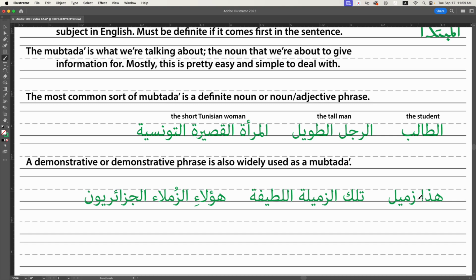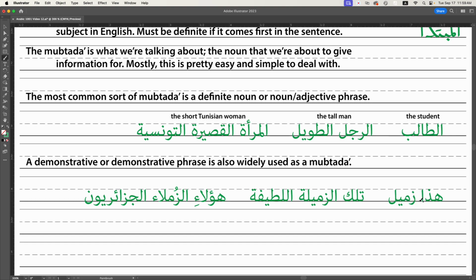This, what about it? Is a zamil. And zamil is a new word here. A zamil is a great word. Zamil could be classmate, colleague, housemate, somebody that you share a lot of things with but isn't necessarily a friend. So learn this word, zamil. So hadha is our demonstrative, this, and then an indefinite noun.